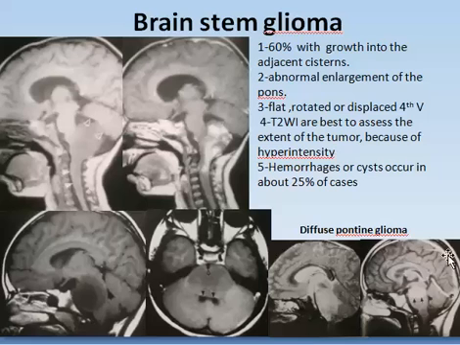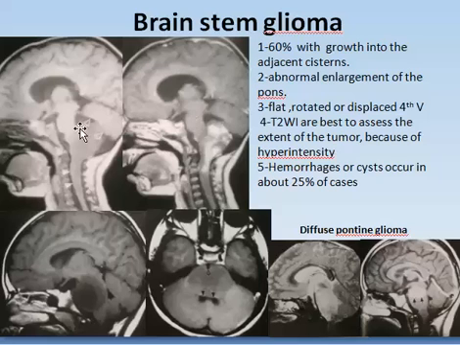It can be diffuse, infiltrating, or it may be rather well defined and localized. The pressure on the fourth ventricle will result in either obliteration, flattening, rotation, or displacement from anterior to posterior.